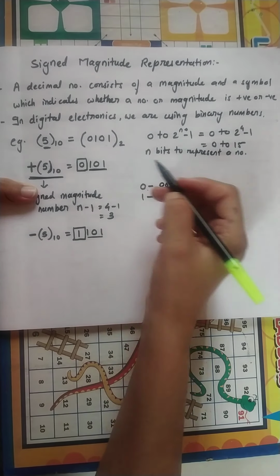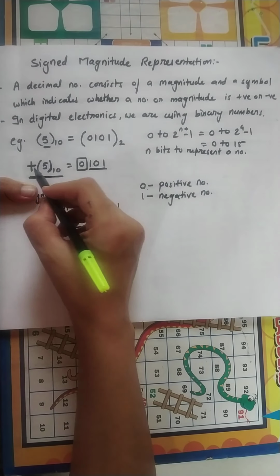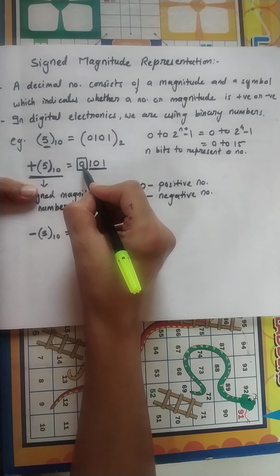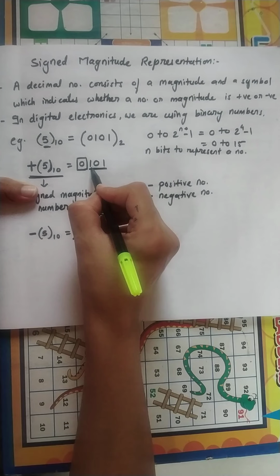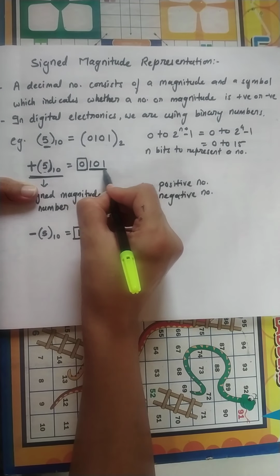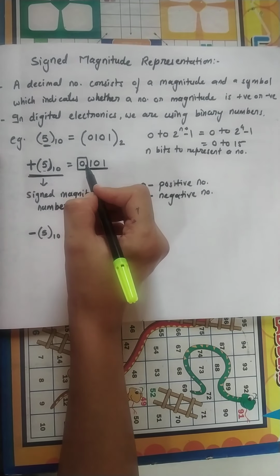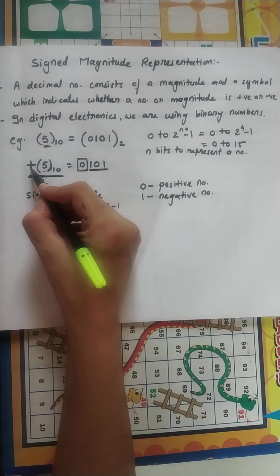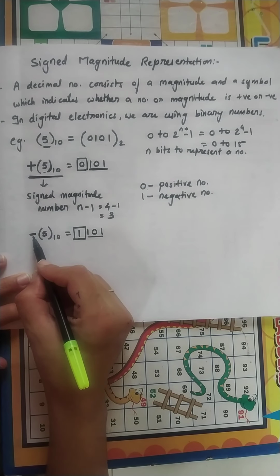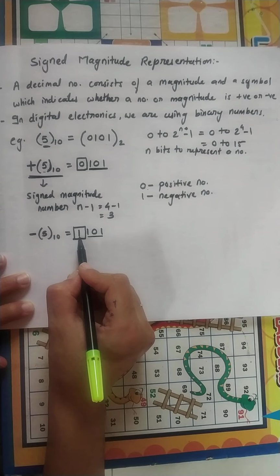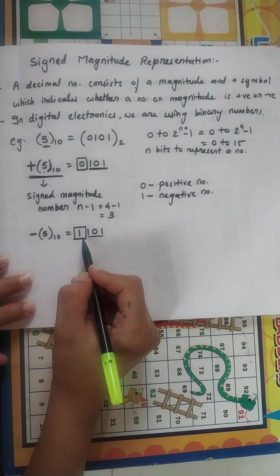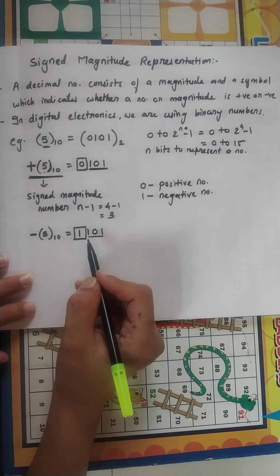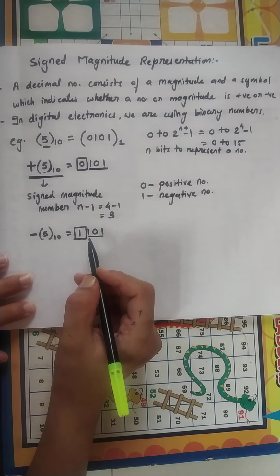So if I want to represent plus 5, I'll put the magnitude of 5 in binary, that is 101, and place the MSB bit as 0 since I want to represent a positive number. When I want to represent a negative number, I'll change the MSB bit to 1, right? So that is what signed magnitude representation is.